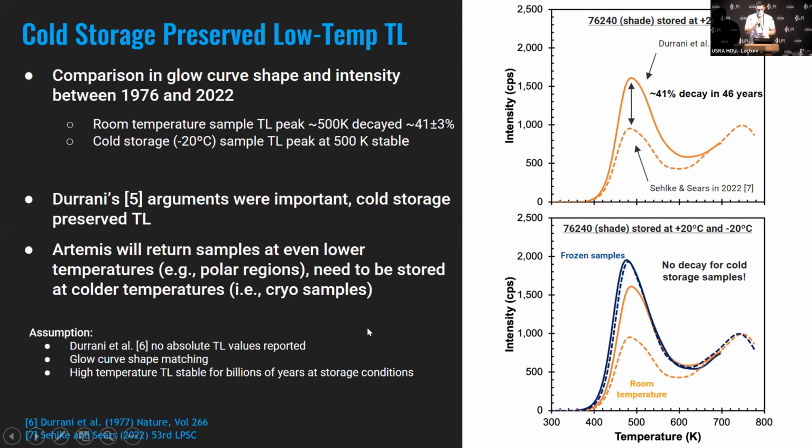It shows that if you keep a sample at room temperature, for a sample that should have been at a much colder temperature on the surface of the moon, the signal has faded away, about 40% roughly.